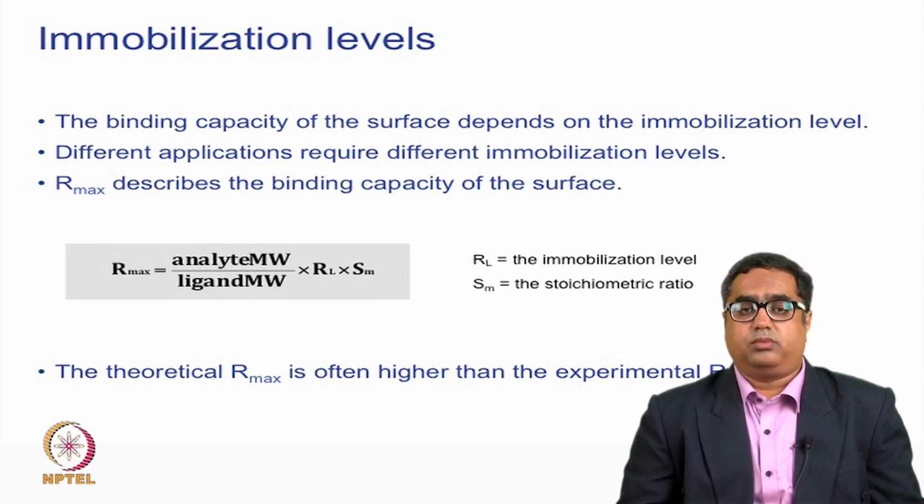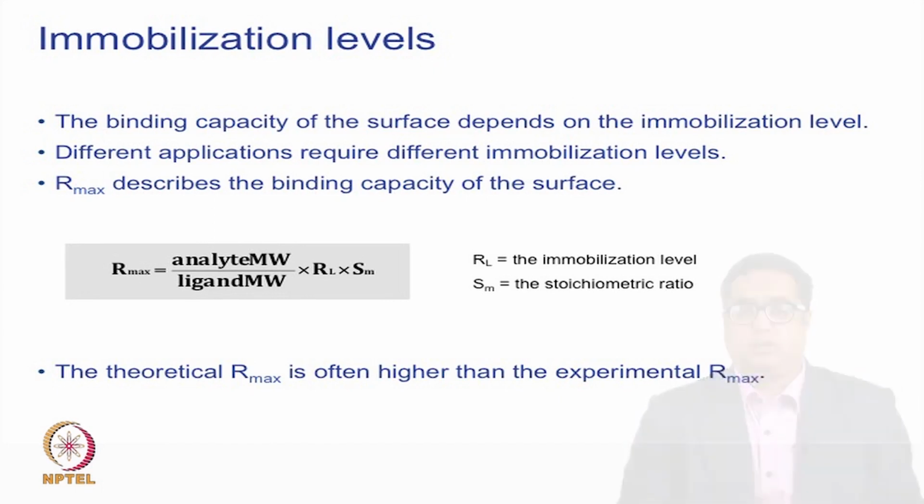Once the level is determined, we ask the machine to immobilize at that particular level. Sometimes we can also go with time and flow mode, in which you just ask the machine to flow your molecule at that particular pH for some amount of time at a particular flow rate, and whatever immobilization happens at the end is the immobilization level.